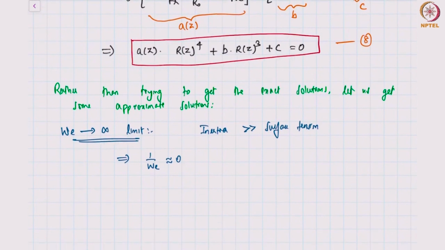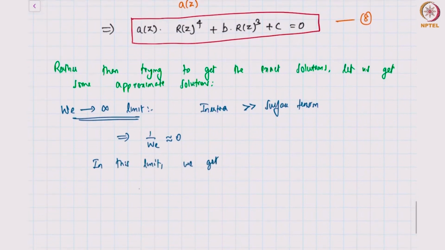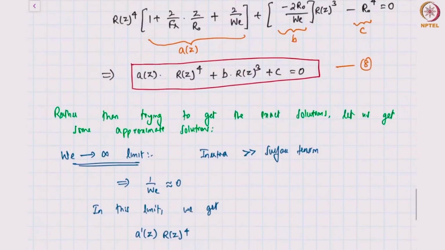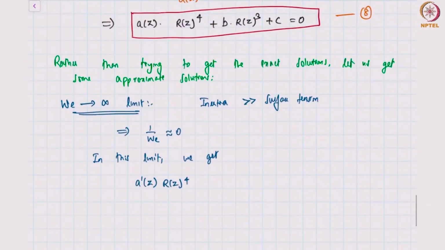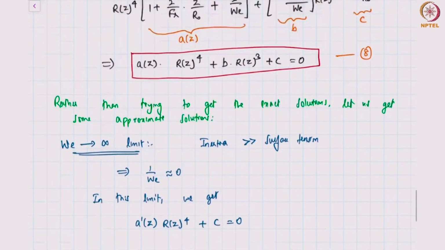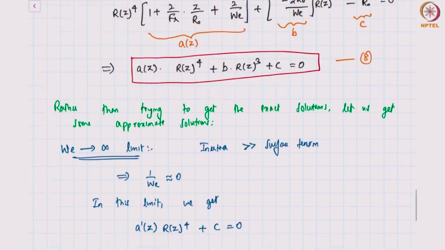And now I have a prime of z r of z power 4, and remember b goes like minus 2 by Weber number times r naught, but because 1 by Weber number goes to 0, b goes to 0, I have just plus c. Okay, and c does not involve any Weber number.